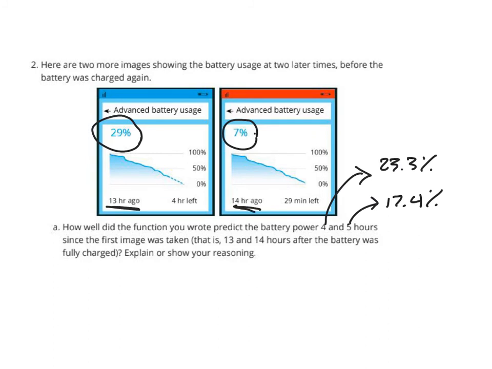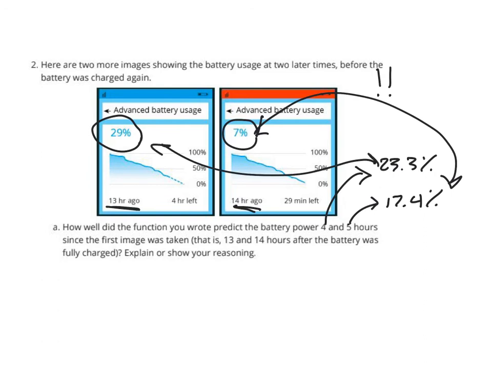Okay, this one has to relate with that one, so it didn't do so well. And this isn't so bad. That's an okay, not an awesome. So it's not terribly bad. How well did the function you wrote predict the battery power for 4 and 5 hours since the first image?